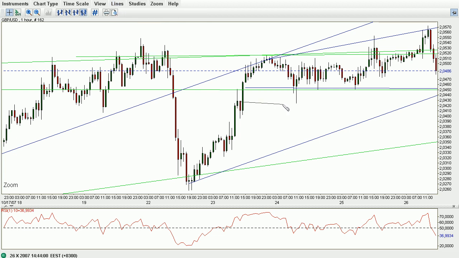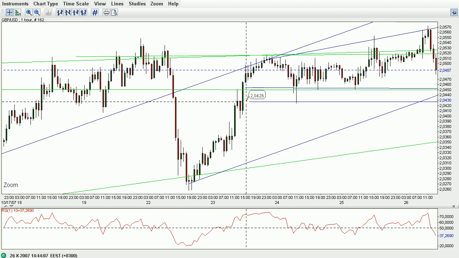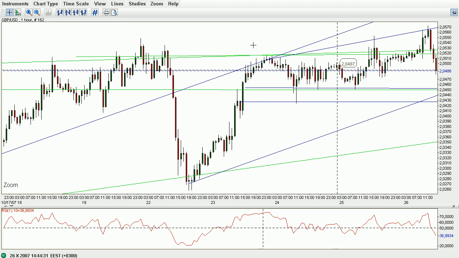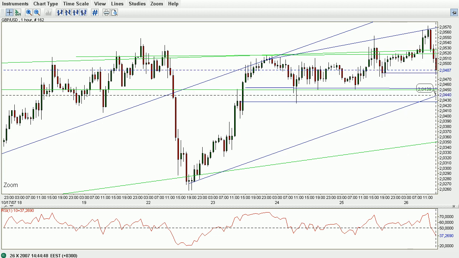So in order to be sure what to do, we need to wait at least for a break below this level of 2.0420 in order to see price action favoring the bears, or in order to see a bounce back above this lower boundary, we might see a close above this level here, which is going to be our next resistance zone if we have a drop to these levels here.